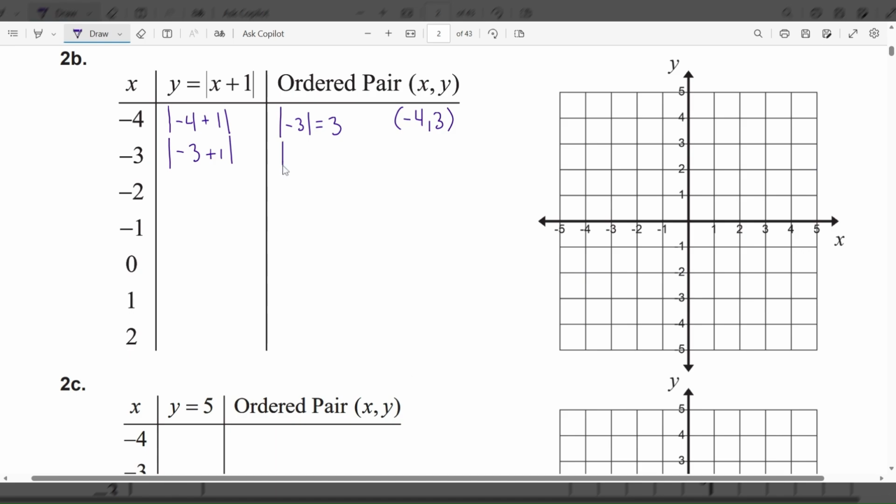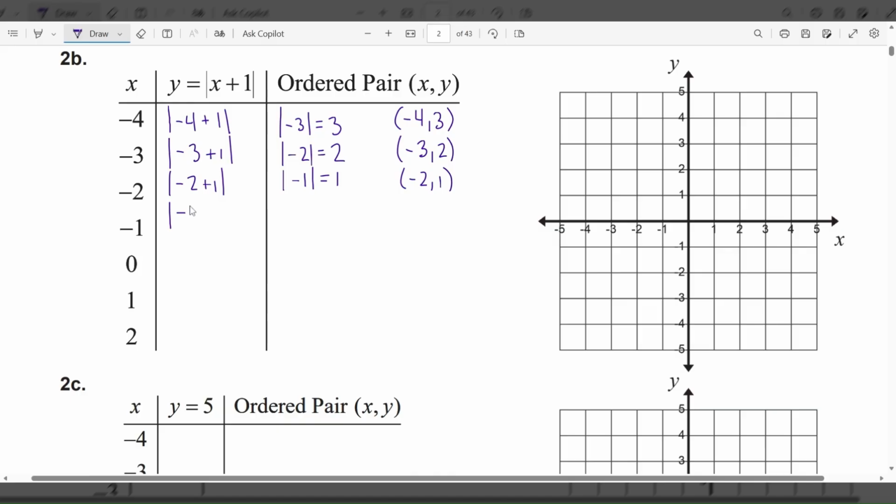Negative 3 plus 1 gives me the absolute value of negative 2, which gives me a positive 2, because the absolute value of a number is always positive. So that gives me the ordered pair negative 3, 2. Absolute value of negative 2 plus 1 gives me the absolute value of negative 1, which gives me positive 1, which gives me the ordered pair negative 2, 1.